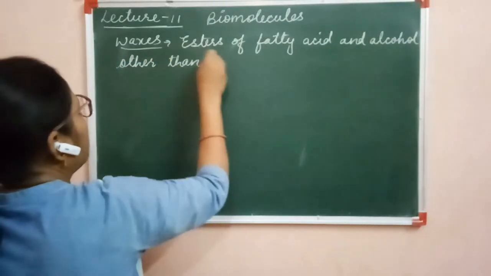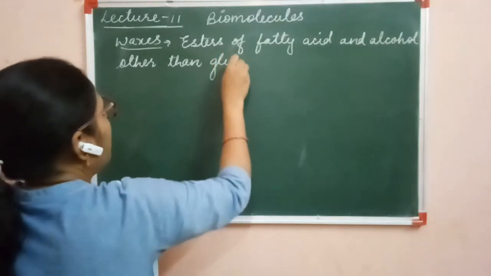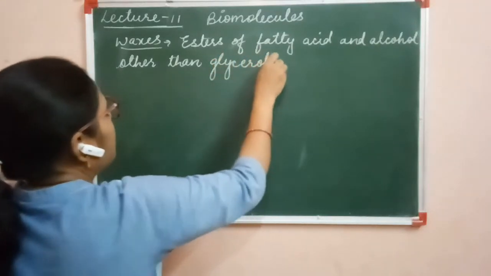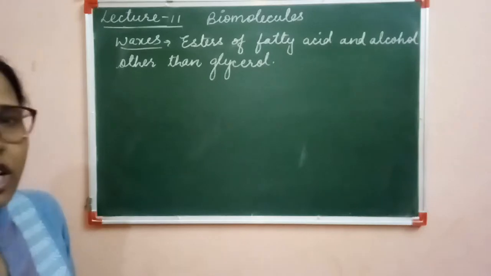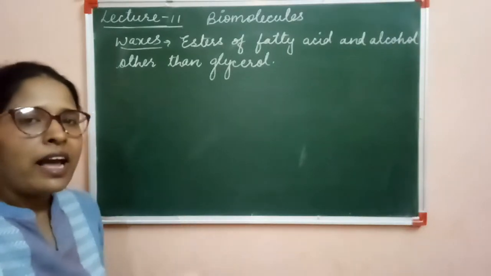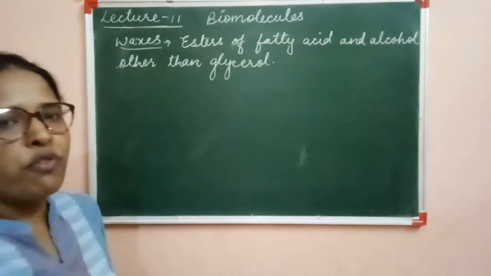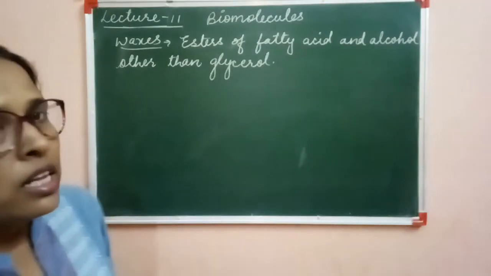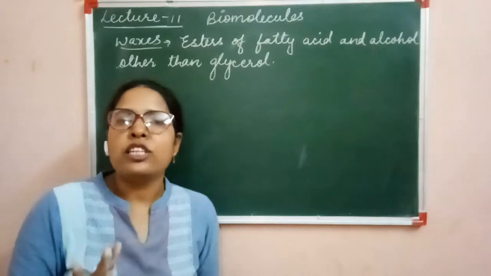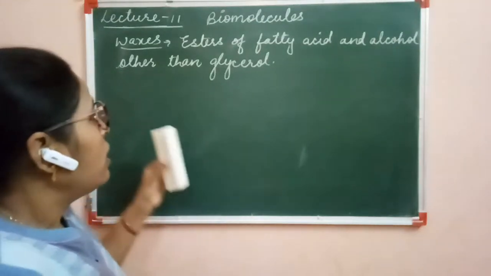This is the important thing. Here the alcohol present is other than glycerol. If the glycerol is attached with fatty acid, then the type of fat is neutral or true fat. In case of waxes, the fatty acids attach with an alcohol other than glycerol.